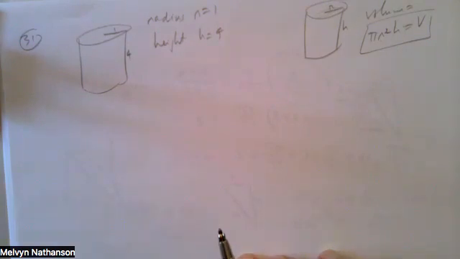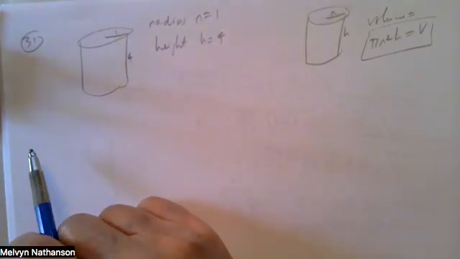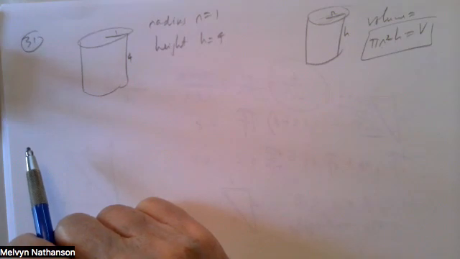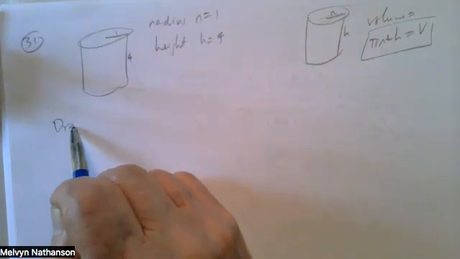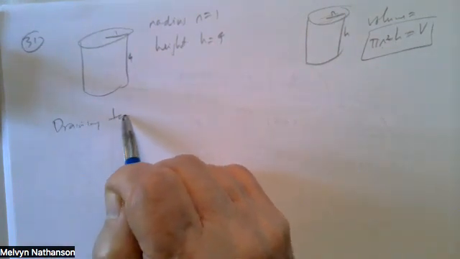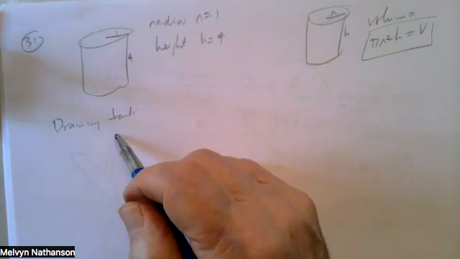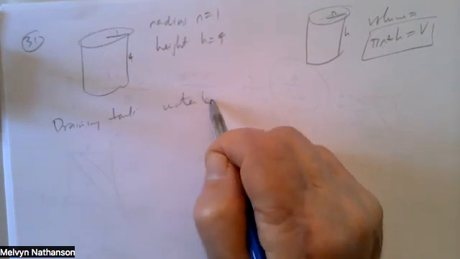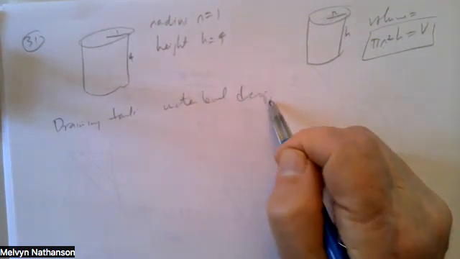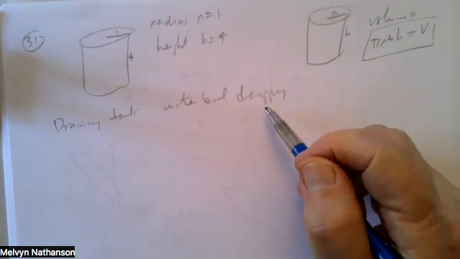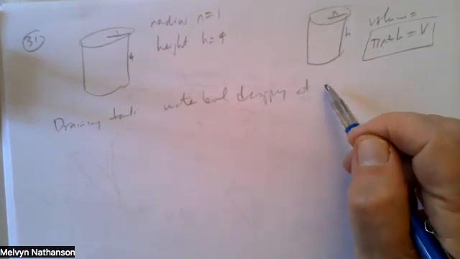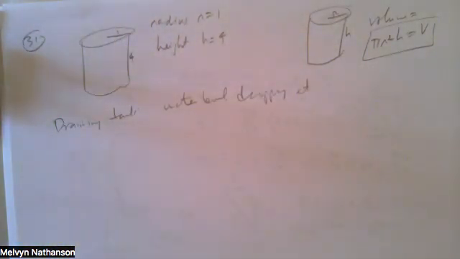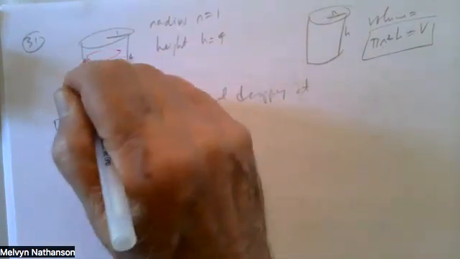Okay. And the tank is being drained. And so we're draining the tank. And the water level, the height, is dropping at a constant rate. So let's say this is the tank, but the water is just going up to there.